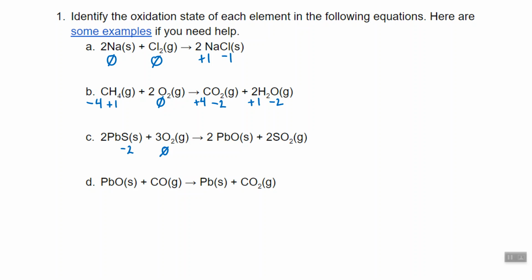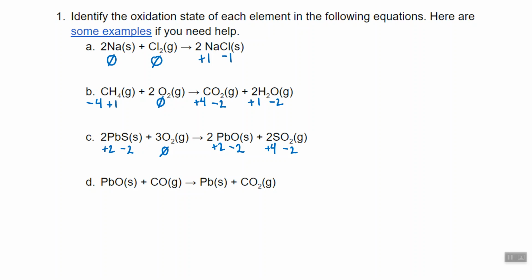So sulfur is -2, then the lead has to be +2. Here we have PbO, so oxygen is -2, and lead then has to be +2. And looking at SO2, this needs to be -2 for oxygen, and then sulfur has to be +4 because this is a neutral molecule.